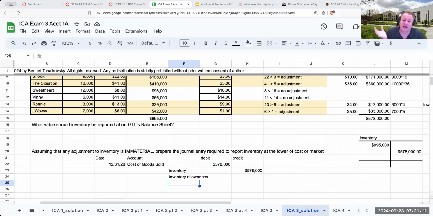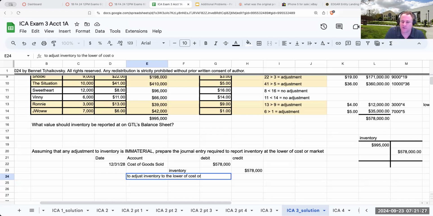If you're taking my class, I am okay with you directly crediting inventory. The last thing I need over here is to adjust inventory to the lower of cost or market.